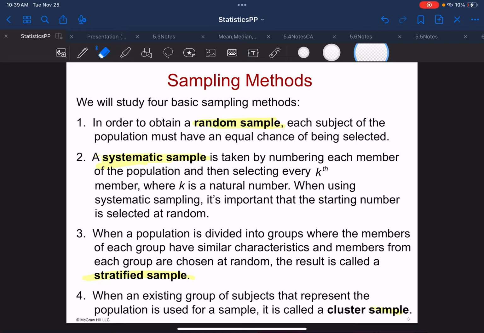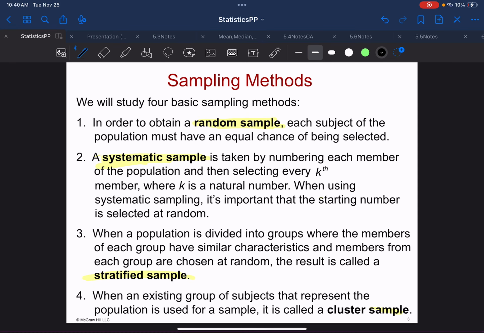If I went to the college campus that day and picked every classroom on campus, that would be dividing the population into groups based on which classroom they are in, and then picking 5 students from each class. That would be an example of a stratified sample.